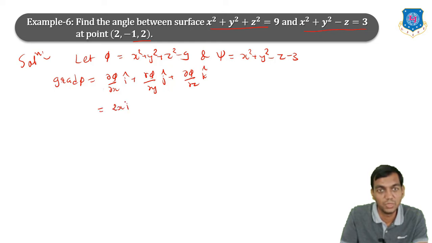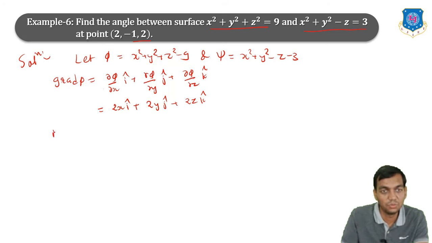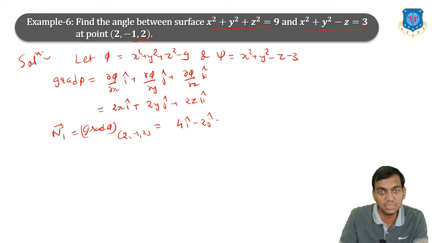So the derivative with respect to x is 2x, with respect to y is 2y, and with respect to z is 2z. And if you are finding n1, I am going to say the normal vector n1 is grad phi at the point (2, -1, 2), that will be 4i minus 2j plus 2k.